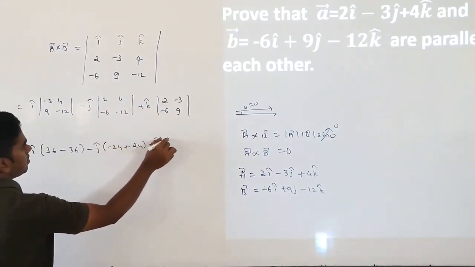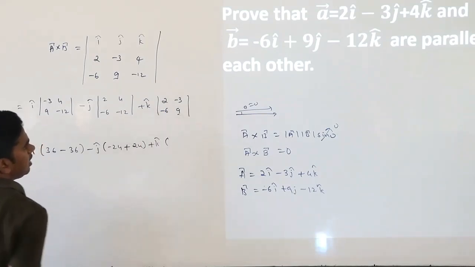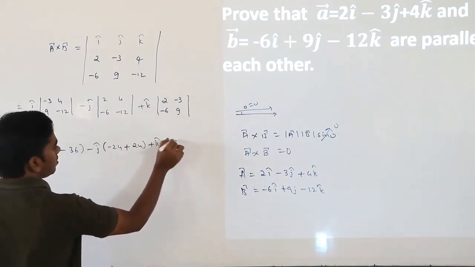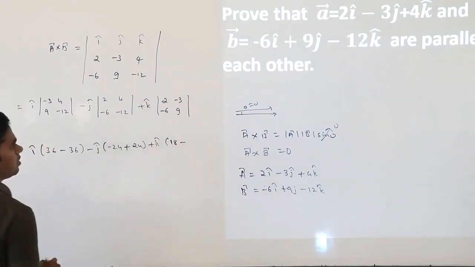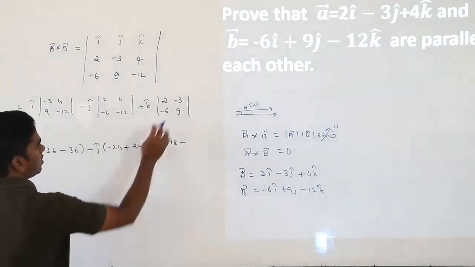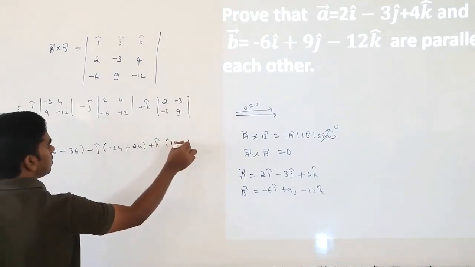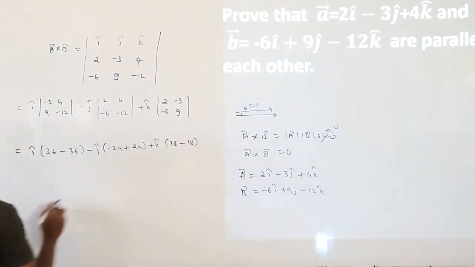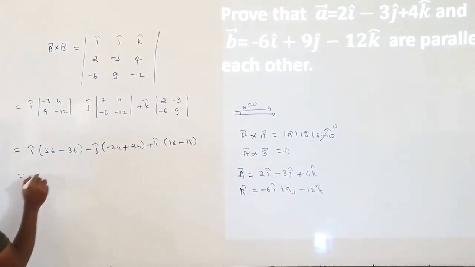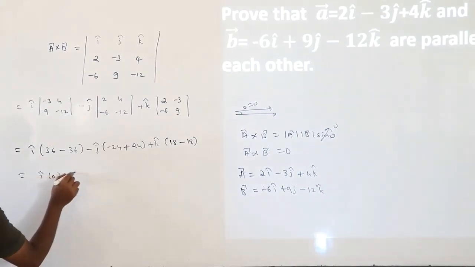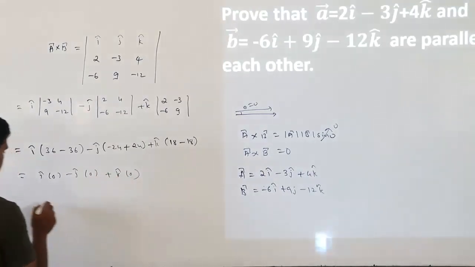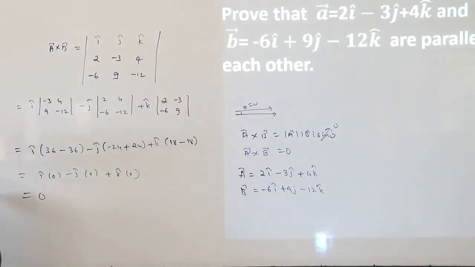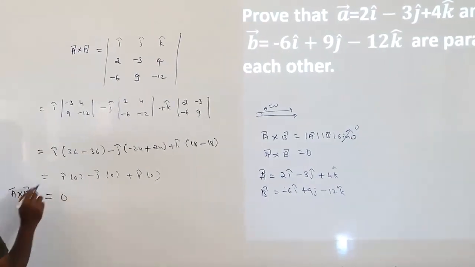Plus k cap: 2 into 9 is 18, then minus of minus 6 into minus 3 is minus 18. So all these will become 0: i cap 0, minus j cap 0, plus k cap 0. So total vector A cross B will become 0.